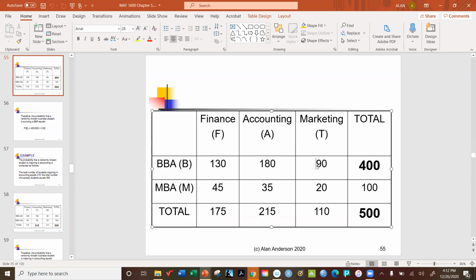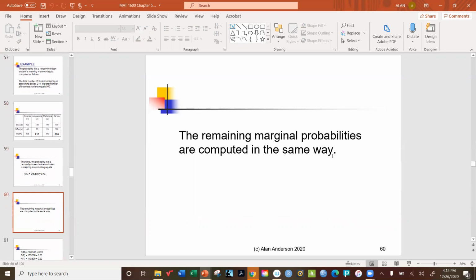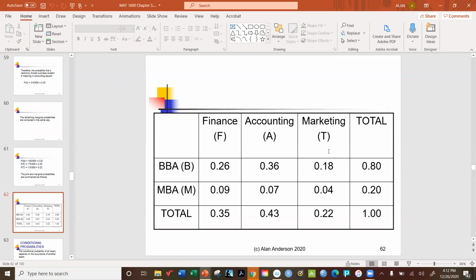In other words, 90 out of 500 would be that probability, because there's 90 students getting a bachelor's degree in marketing out of 500 total, which means 0.18. Or with this chart, you can see that that probability has already been calculated for us. We went through the entire chart and calculated these probabilities by dividing each of the totals by 500. So B and T, or the probability of getting a bachelor's degree in marketing, is 18%.